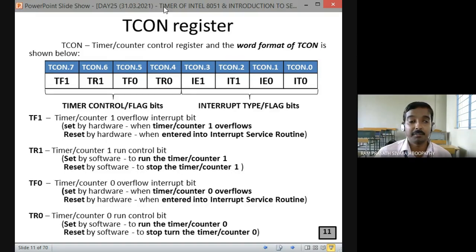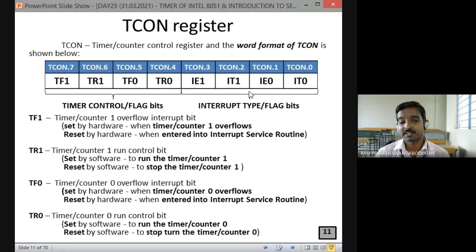The remaining 4 bits are for interrupts. Okay, I will explain. Don't worry about this part, we can recollect it later when we study interrupts. For now, what we need to know is that we have 2 external interrupts, correct? What are the 2 external interrupts? Can you type it in the chat?